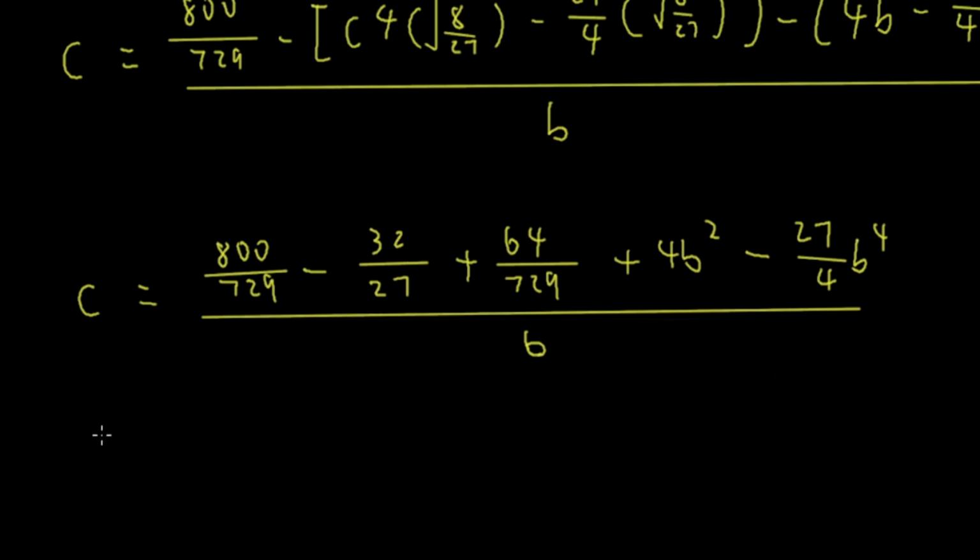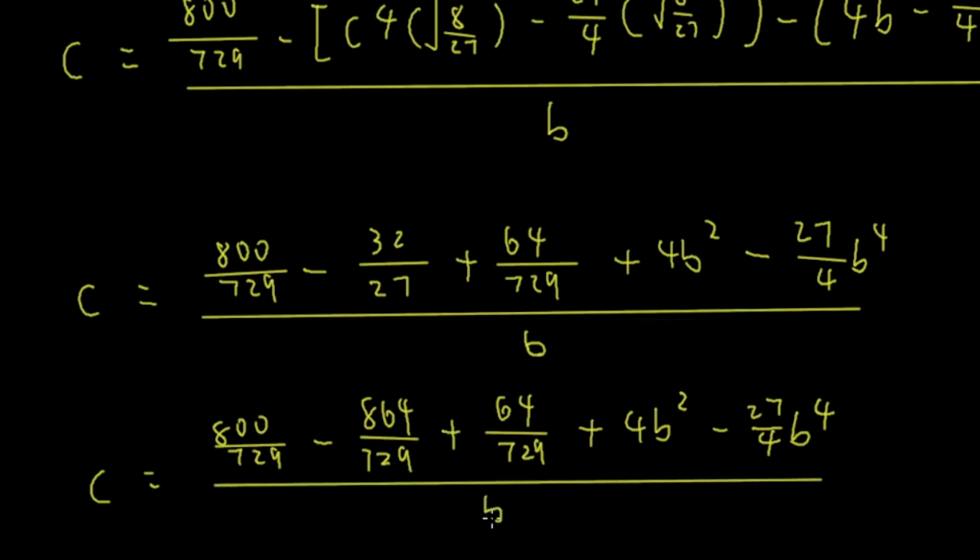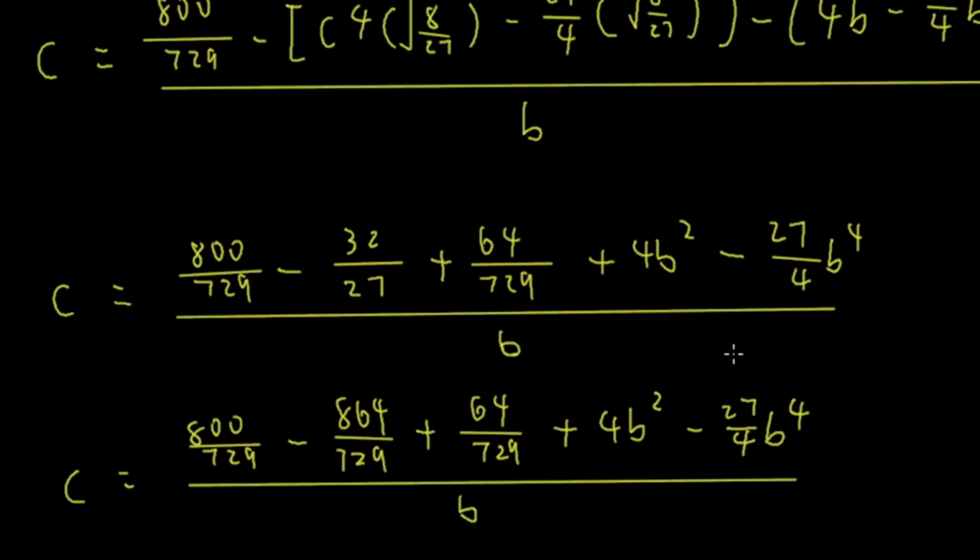Okay, so this one here, what's this? C is equal to 800 over 729 minus, this is the same as 864 over 729 plus 64 over 729 plus 4b squared minus 27 over 4b to the 4th, all divided by b. And notice that this and this and this cancel out. What I have left is just 4b squared minus 27 over 4b to the 4th over b, right?